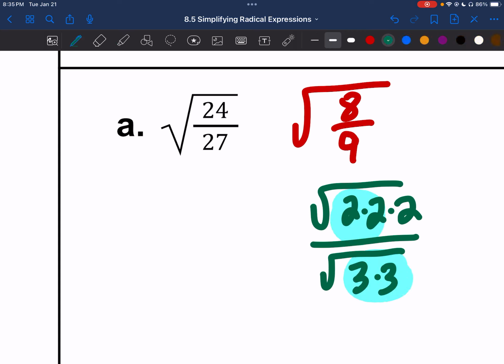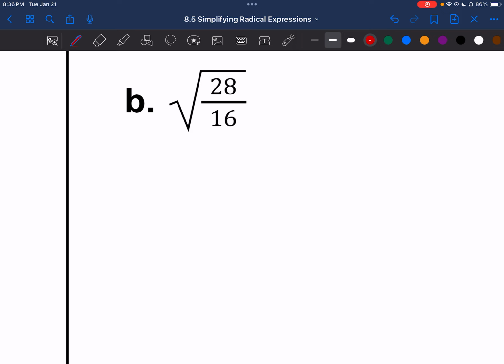All right, letter B. We've got 28 over 16, and we're taking the square root of that. 28 I can simplify over 16. Well, those are both divisible by 4. So my first step is going to be divide by 4, and I get 7 over 4. And now I'm going to break it down into two different radicals, and I'm going to break out the factors.